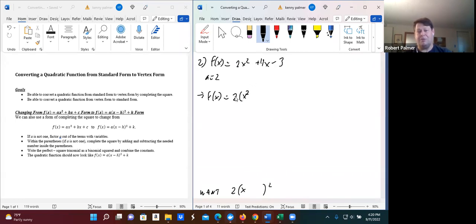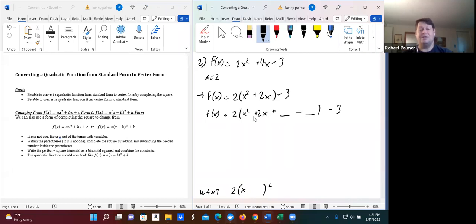So dividing this by 2 gives us 1, dividing this by 2 gives us 2, so plus 2x, minus 3. Now, within the parentheses, we're going to do the same thing we did before: we have to add and subtract something. So x squared plus 2x plus something, then minus something, and we have the minus 3 outside.